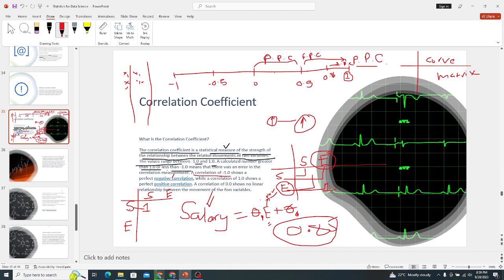Then salary and experience is what we have assumed to be 0.85, experience and salary will remain 0.85, and experience and experience will be 1. So basically that's what we'll do.